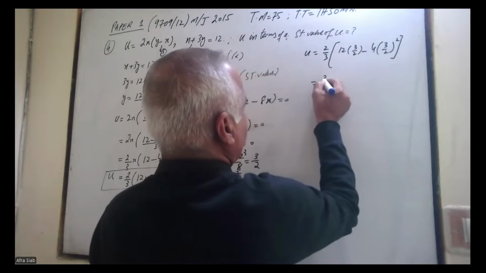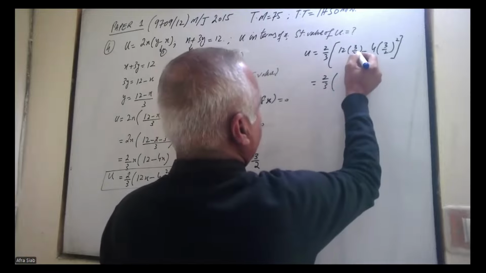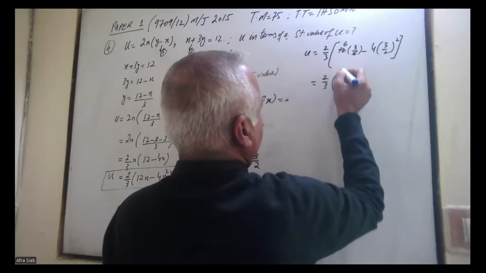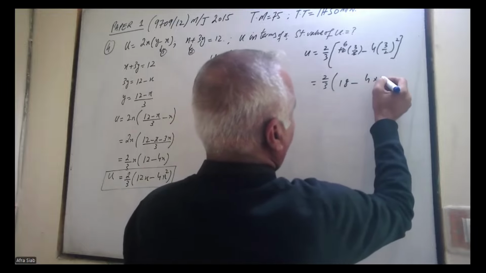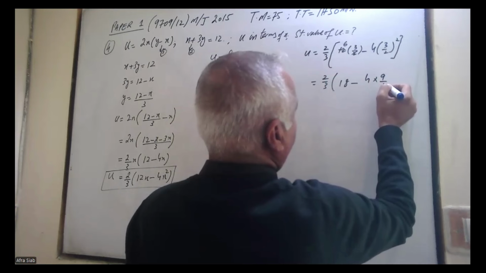This will become 2 by 3 into (18 minus 4 into 9 by 4).